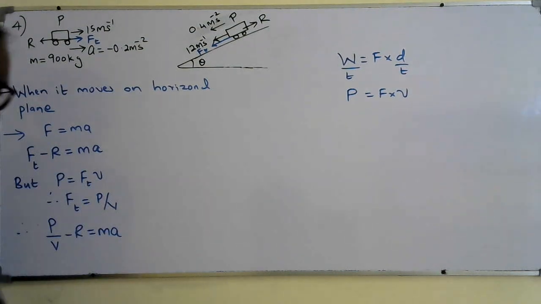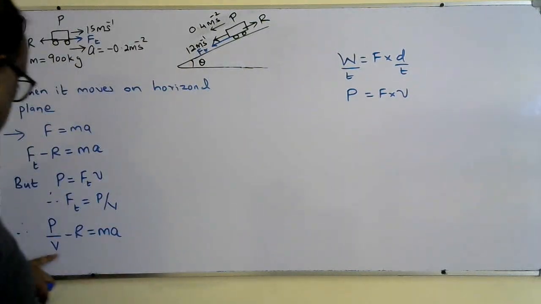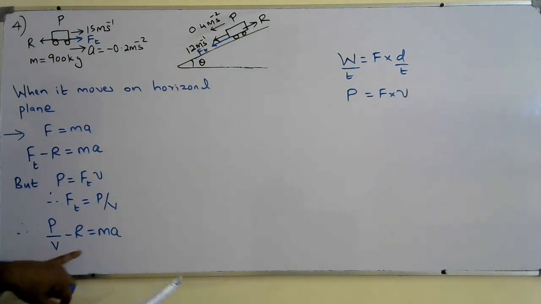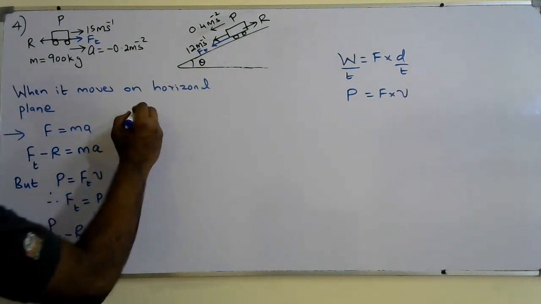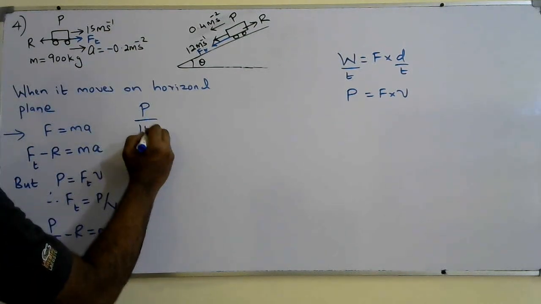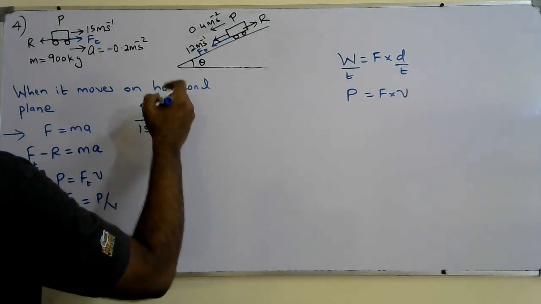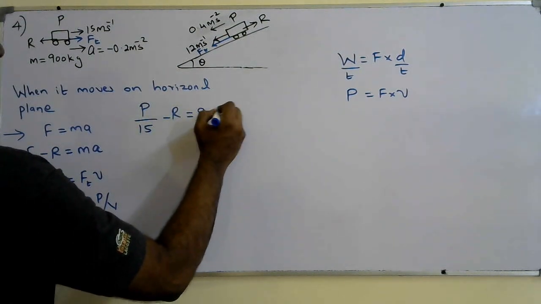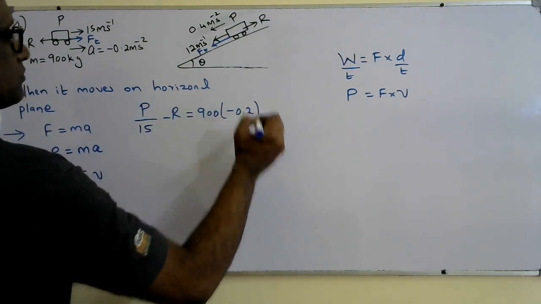We know the values of speed, mass and acceleration. So we are writing this along the direction of motion. P over V, with V as 15, minus R is equal to mass 900, and along the direction of motion I am using it, so times minus 0.2.